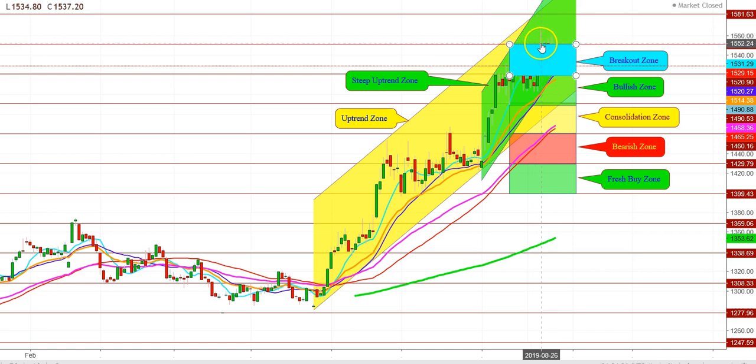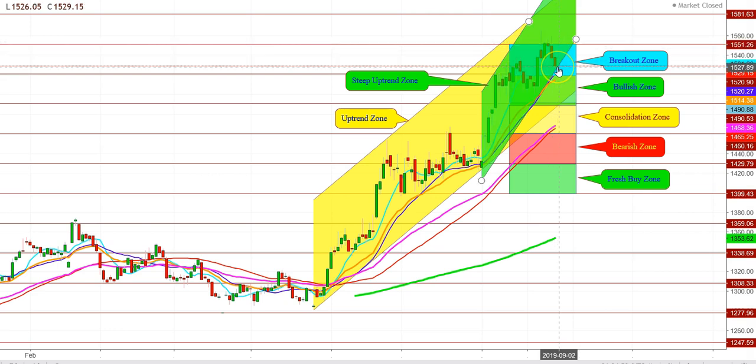Here you can see that above the levels of $1552, gold futures witnessed some selling first on August 26, and constantly whenever the gold futures tried to break this level, they witnessed some selling pressure from these levels.